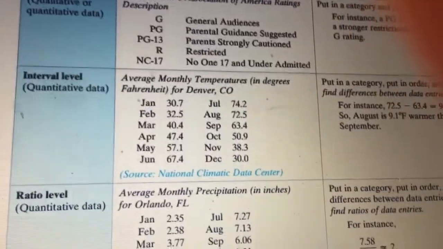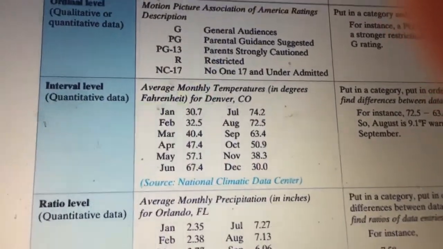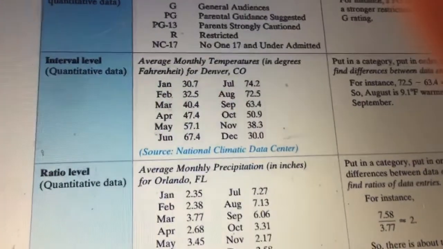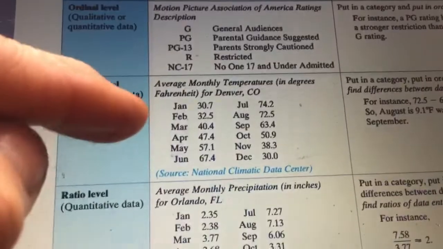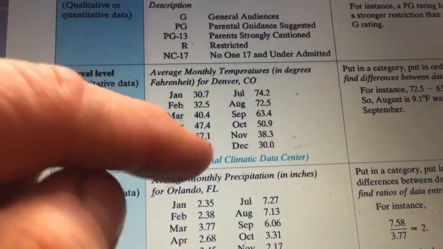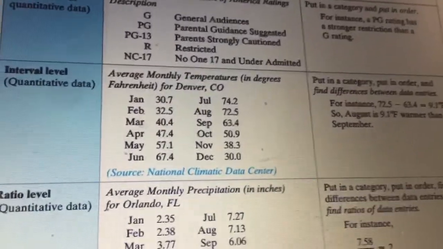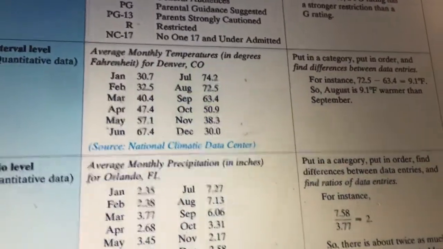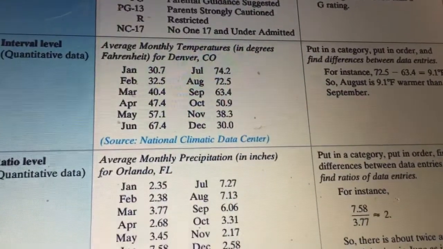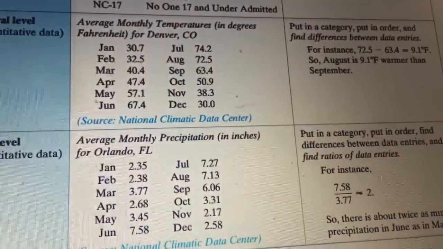If you look at the interval level, we've got average monthly temperatures in Denver, Colorado. You see January, February, March, and the temperatures involved. These are categories again, and you can put them in order, as far as the months, or as far as how much rain you had.